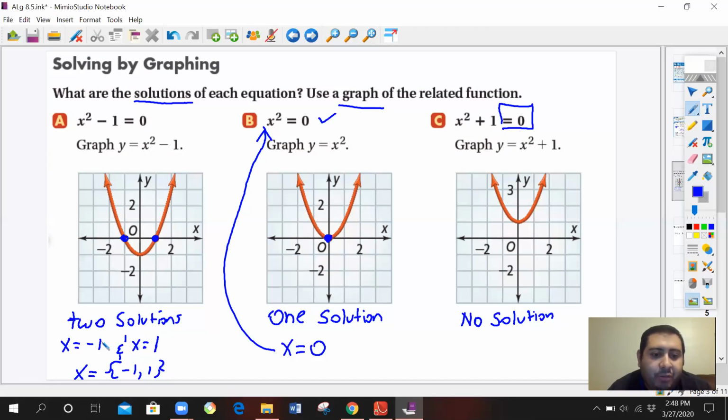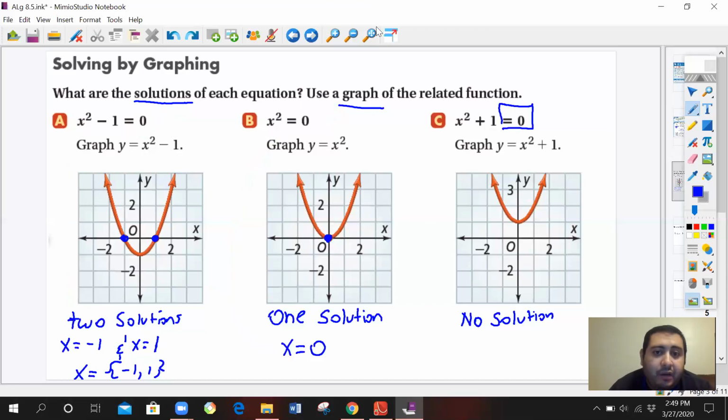The same thing on part A. The two values, -1 and 1, if you substitute them one at a time into x, it's going to give you 0. So that makes the statement true as well. Just some background knowledge to let you know that that's basically what it means to find the solutions: the values that make the expression equal to 0 true.